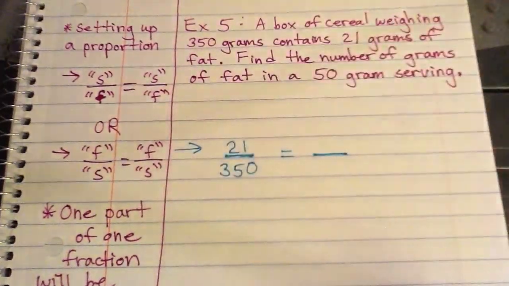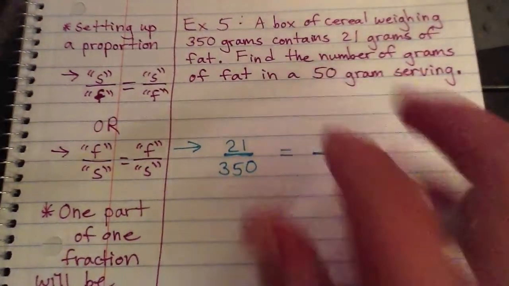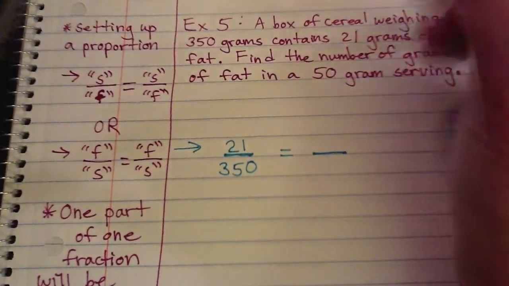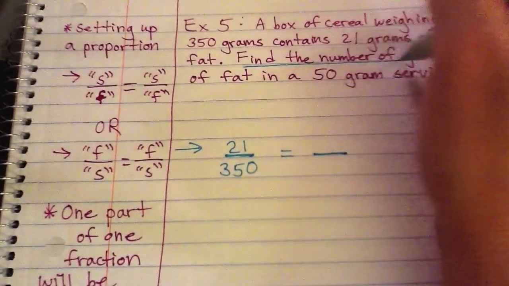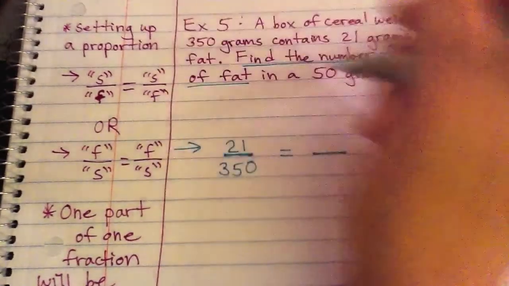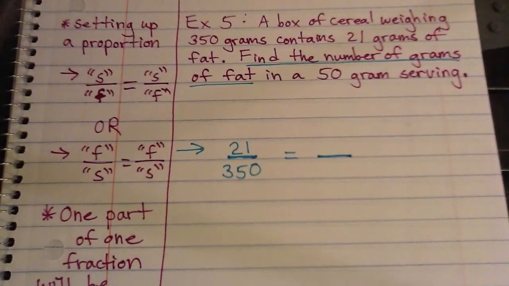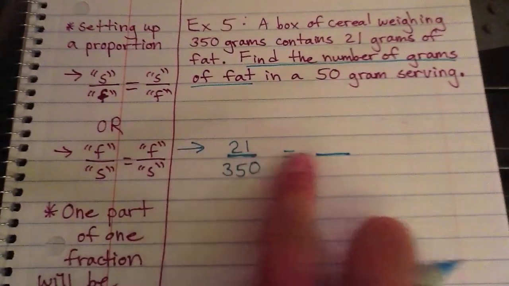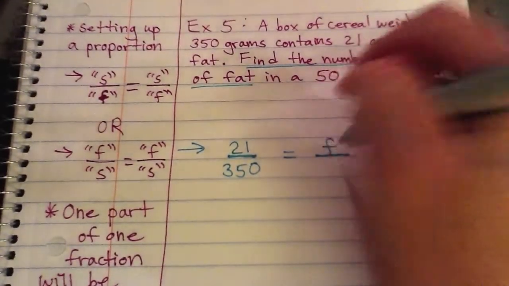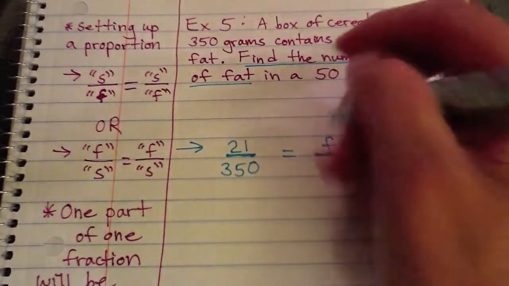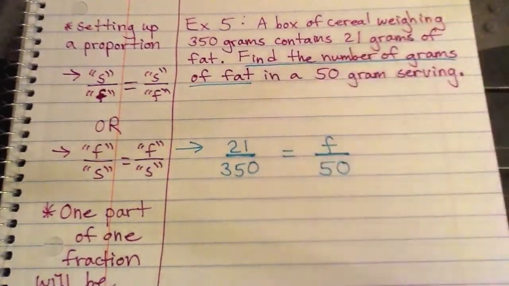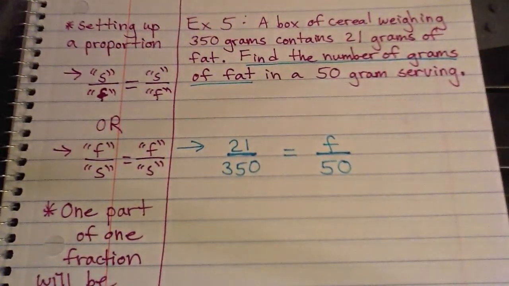So that would go at the bottom. Then I notice here it says find the number of grams of fat. So that tells me my variable. Number of grams of fat is my variable. I have to line it up with the other grams of fat in a 50-gram serving. And that's how you set those up.